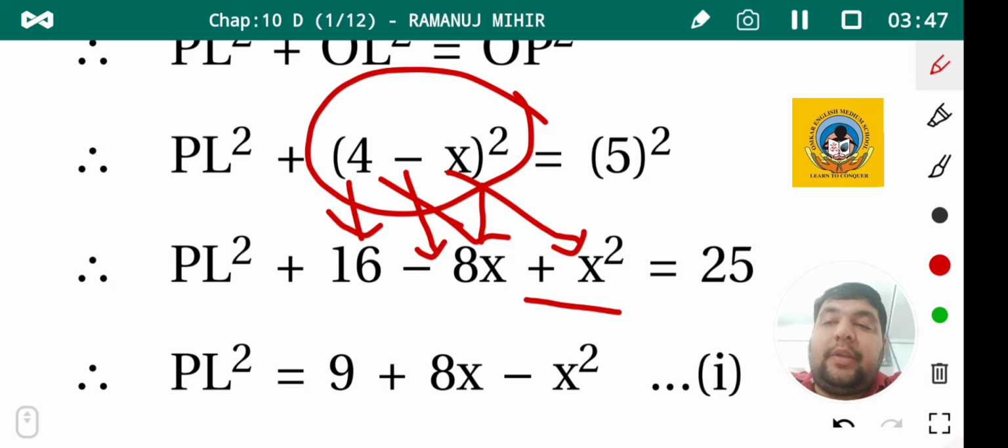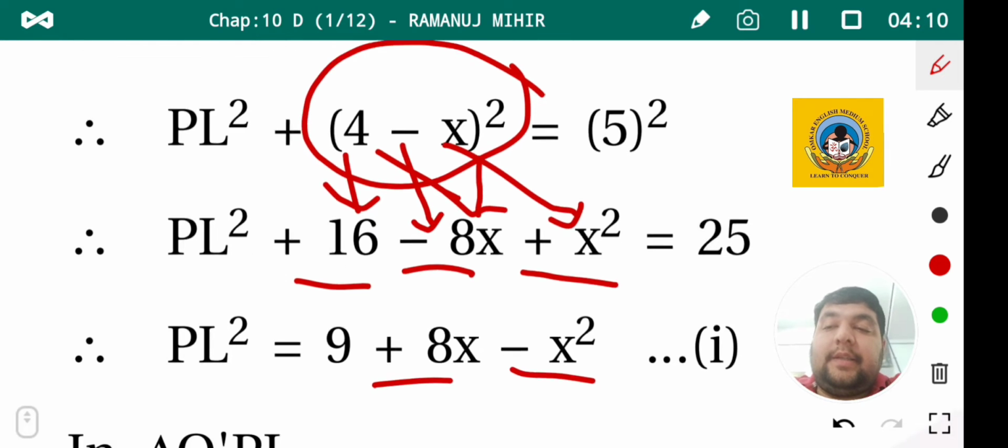Negative sign will come here. That is the expansion as per the rule (a minus b) whole square. Now take this 16 from the LHS to the RHS. So 25 minus 16 will be 9, minus 8x will become positive 8x, and x square stays as it is.